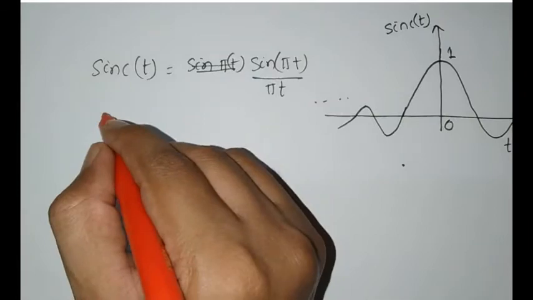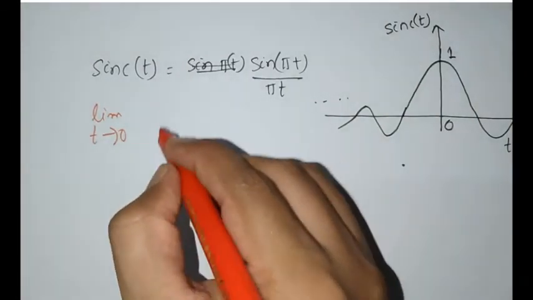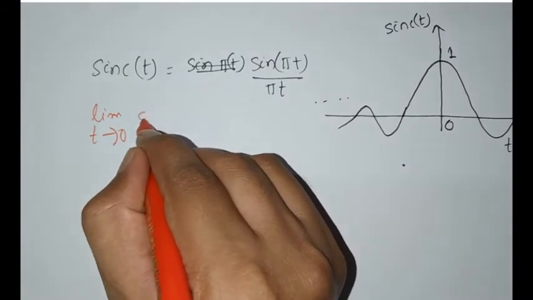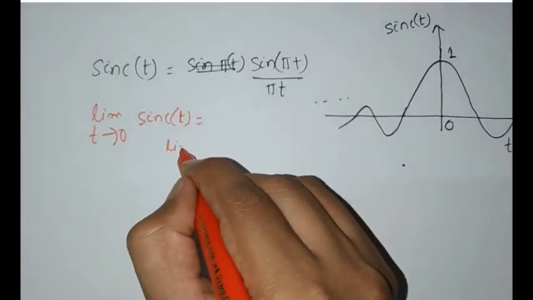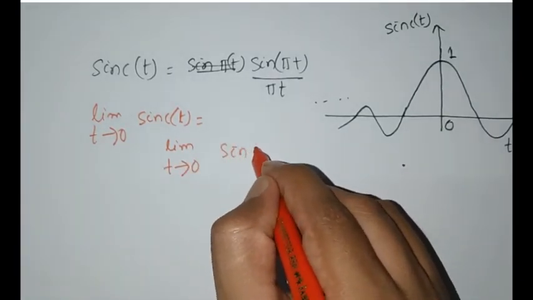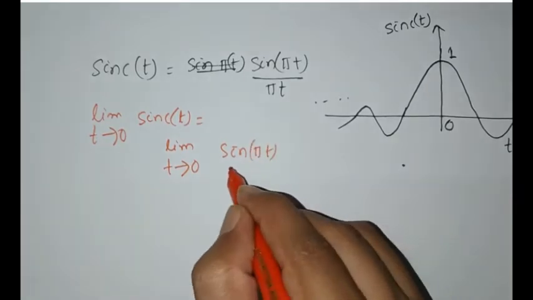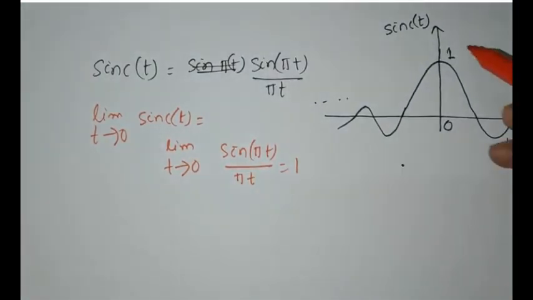It's very clear because the limit as t tends to 0 of sinc of t, which is sin pi t by pi t, equals 1. So that's why at t equals 0 it is 1.